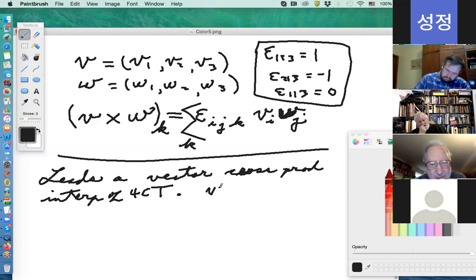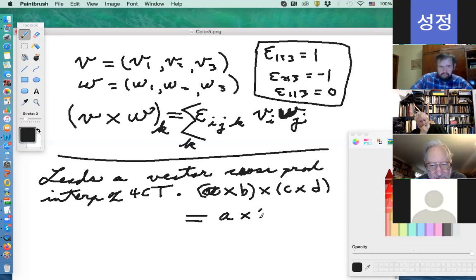Suppose you are given some product like A cross B cross C cross D. You have a bunch of variables, and then you say solve another association of them, because the vector cross product algebra is not associative. So we could try solving this, for example.